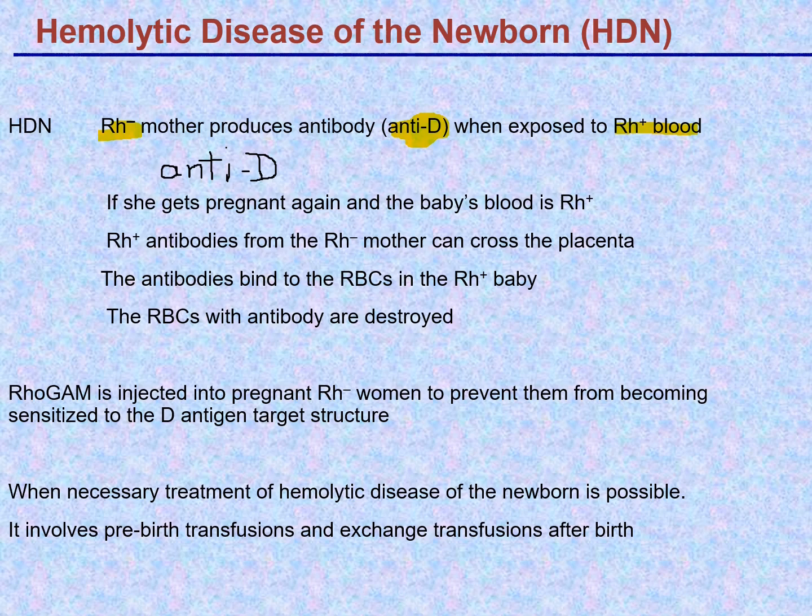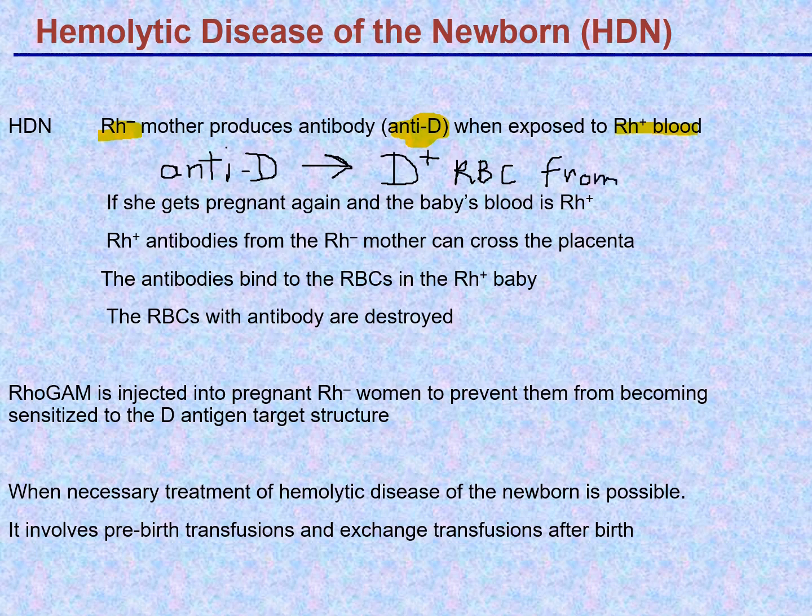So the mother gets immunized. She gets essentially exposed to the big D on the baby's blood and will develop the antibody because of the big D positive red blood cells from the baby.